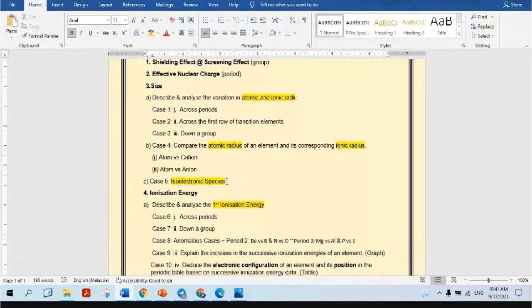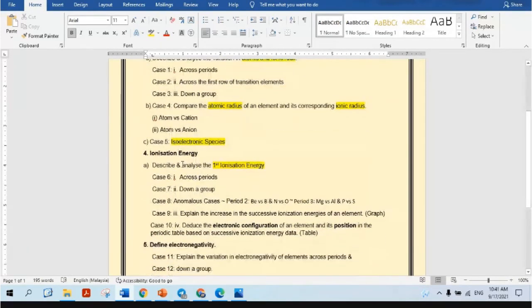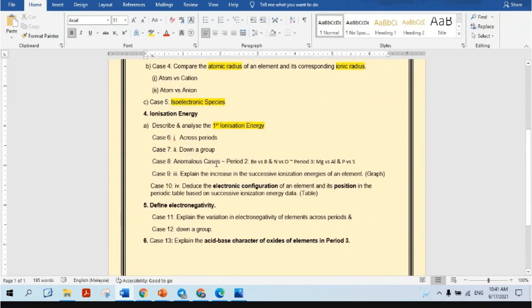Okay, next, ionization energy. We must know how to define first ionization energy, and what happens across a period and going down the group. And then for ionization energy, there are a few anomalous cases. For period 2, between beryllium and boron, and nitrogen and oxygen. For period 3, between magnesium and aluminium, and phosphorus and sulfur.